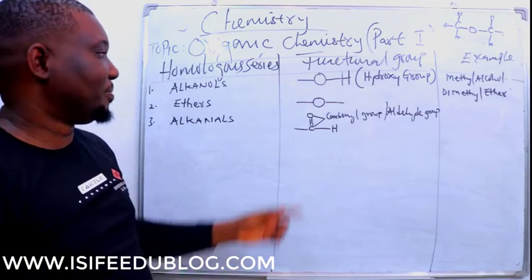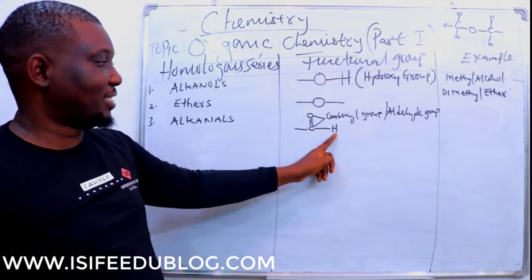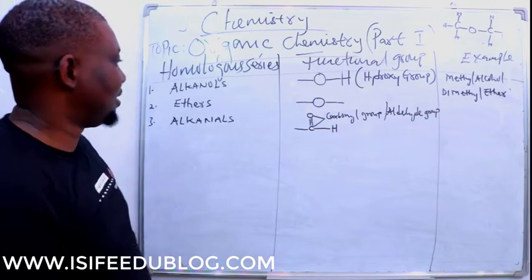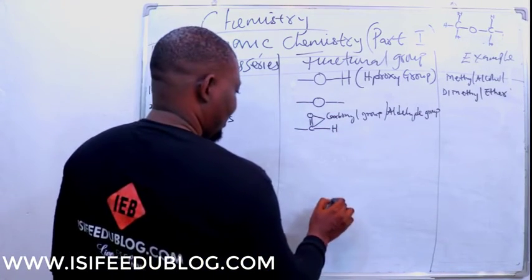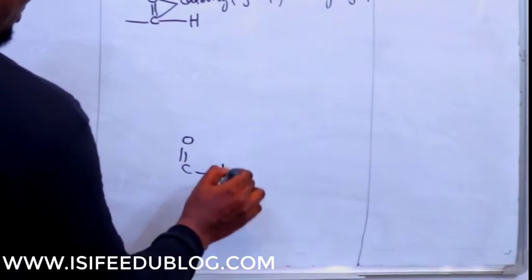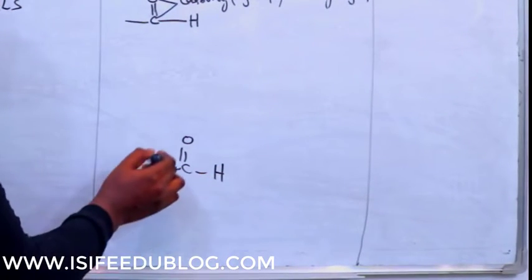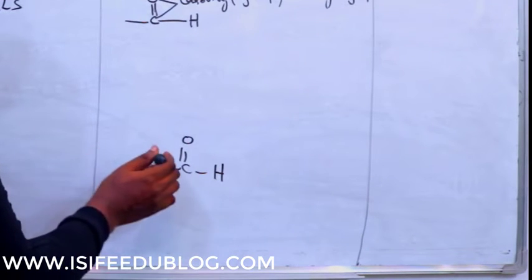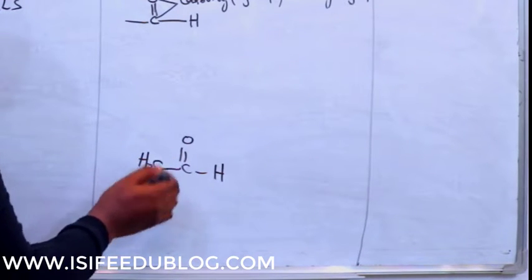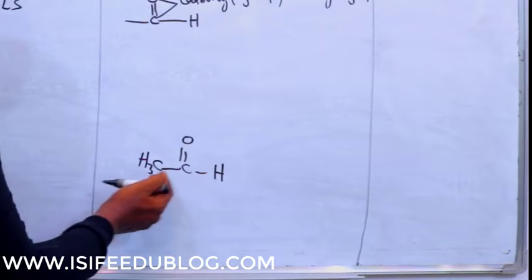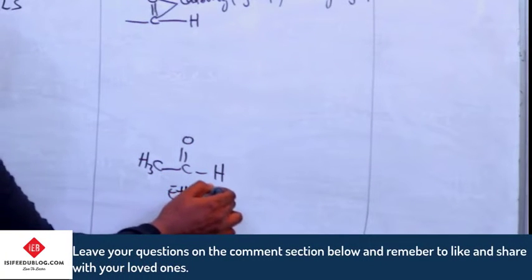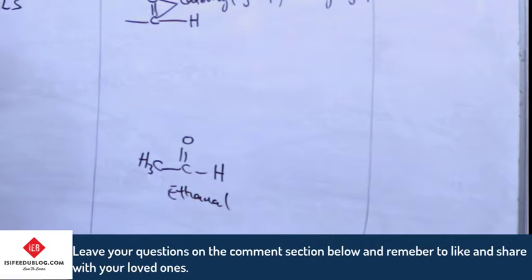This time we link it to hydrogen. So that carbonyl just has an open chain which can link to CH3. So 2 carbon atoms are in this chain, so this is ethanal.